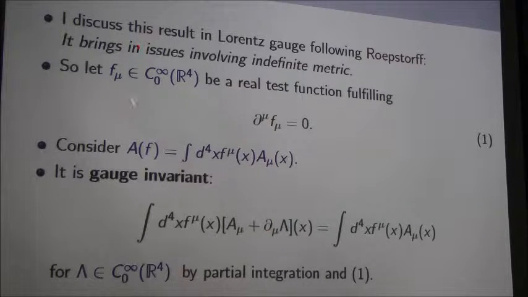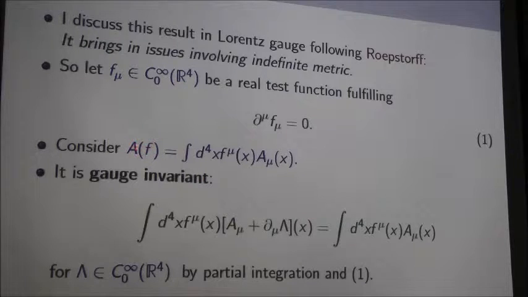So I have to tell you the test function space. In the canonical test function space, we choose to create the Weyl algebra test functions which are infinitely differentiable and of compact support. And it is convenient to choose them to fulfill the Lorentz gauge condition.